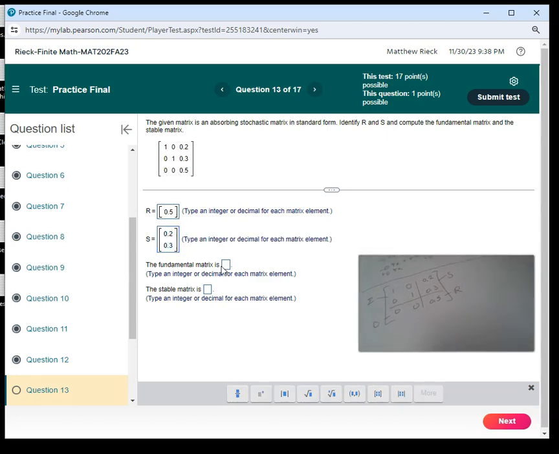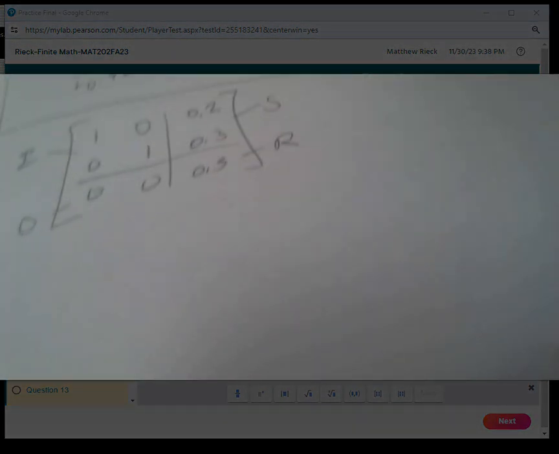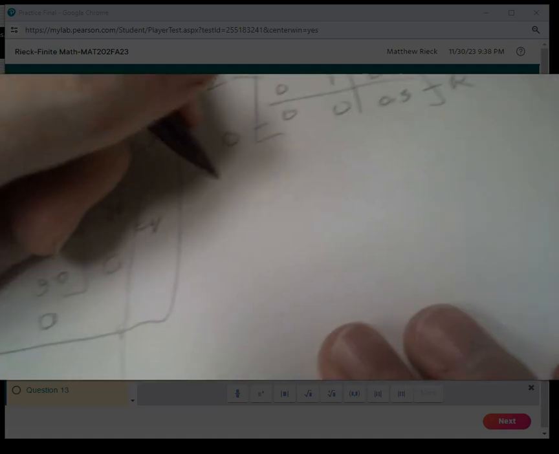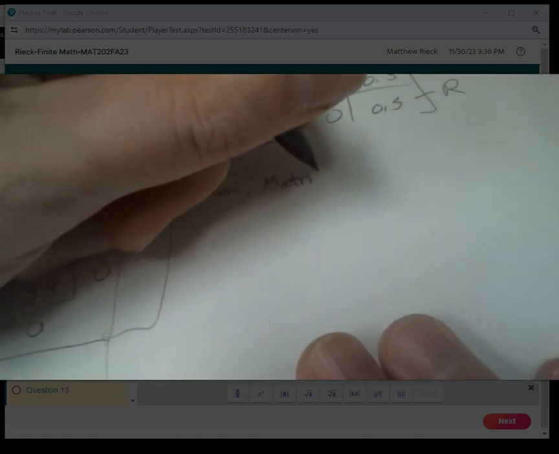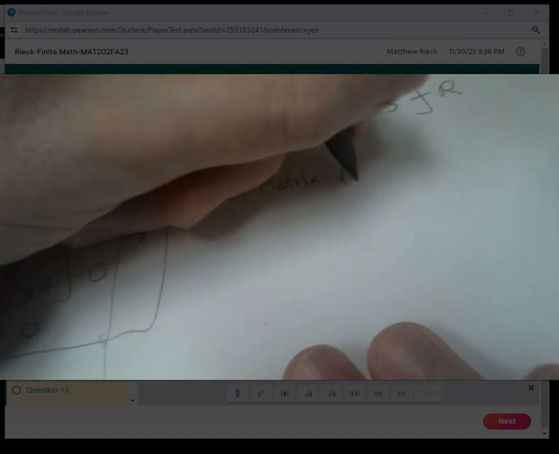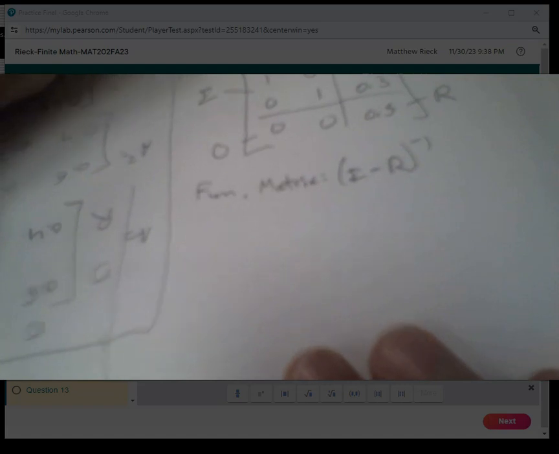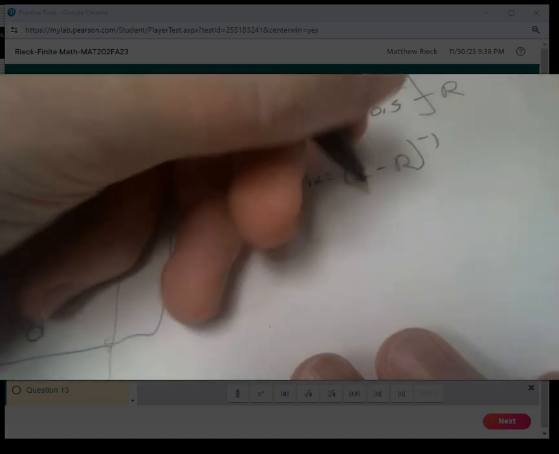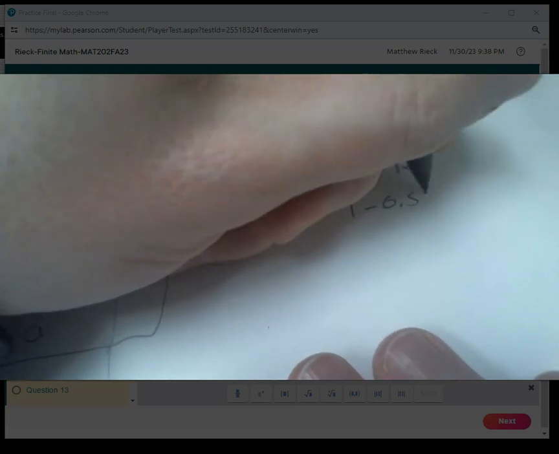In the fundamental matrix, the fundamental matrix is going to be I minus R inverse. The identity matrix for a 1x1 matrix is just 1 minus 0.5 in this case.